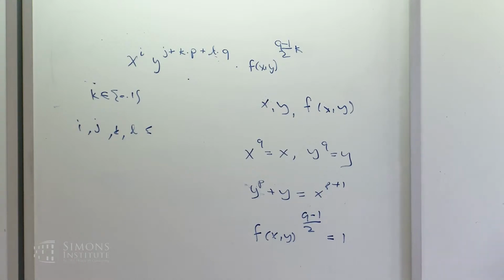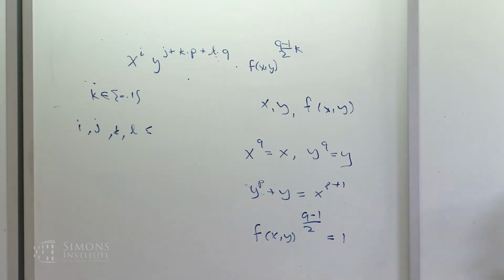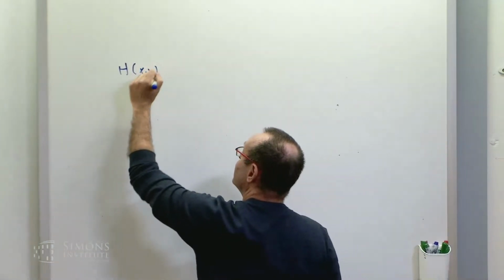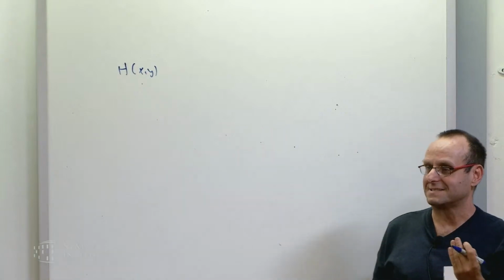Let's give it a moment of thought. We all know how to differentiate in the polynomial ring. But how do you differentiate in a function field? So suppose we have this Hermitian function field, and we want to, let's say, derive by x.